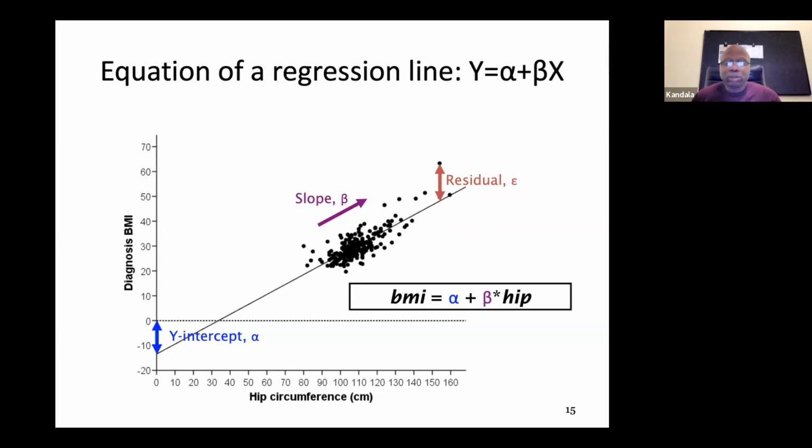But for simple regression analysis, this is not the case. So we can observe BMI and also observe the IP and have this relation, this straight line, and predict with the value of the IP our diagnosis of BMI in the future.